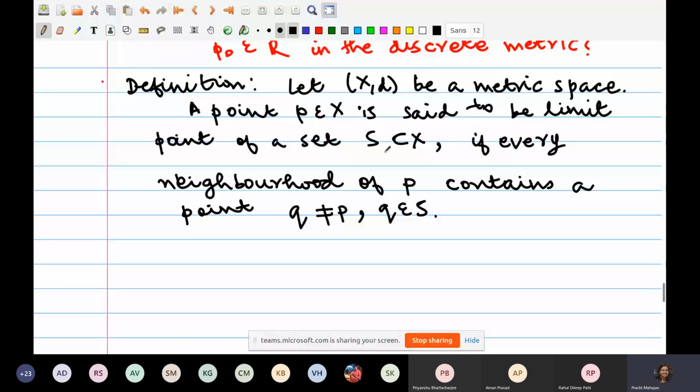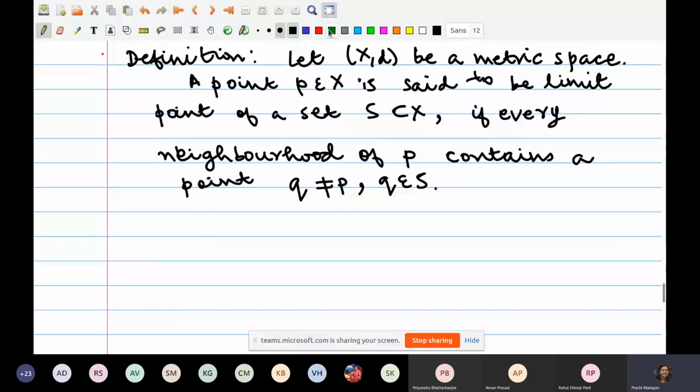We will go back to this definition. I think it's best that we take up an example and then come back to this definition again. Let's see this example.